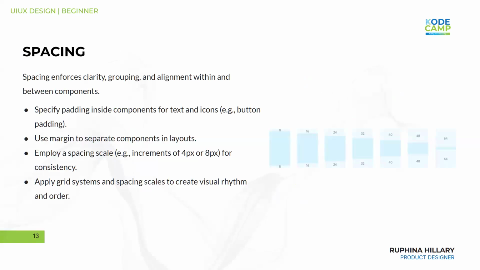Specify your padding inside your components and for your text and your icons, such as your button padding. Specify your grid too. This was what we did when we created a grid system before we started designing the landing page for the fitness application, right? So your grid, your margin, your spacing scale, your padding, define everything. Because it's supposed to be consistent. You're going to use it over and over again. So take that and put it in your warehouse also.